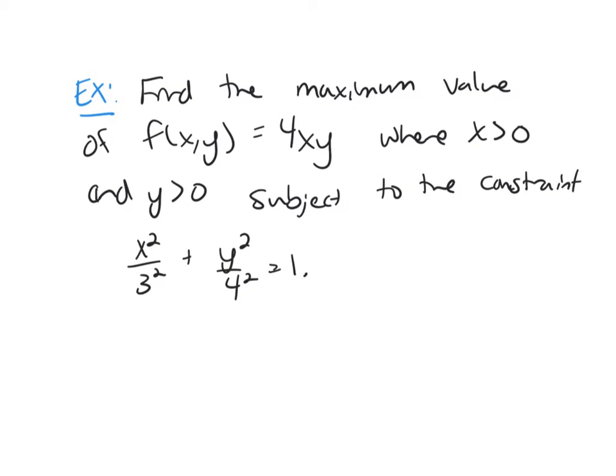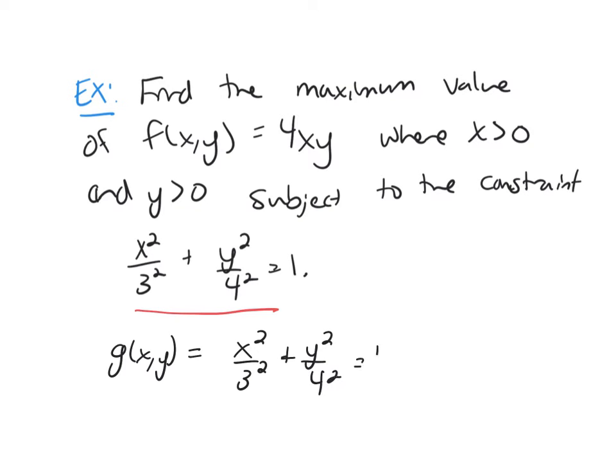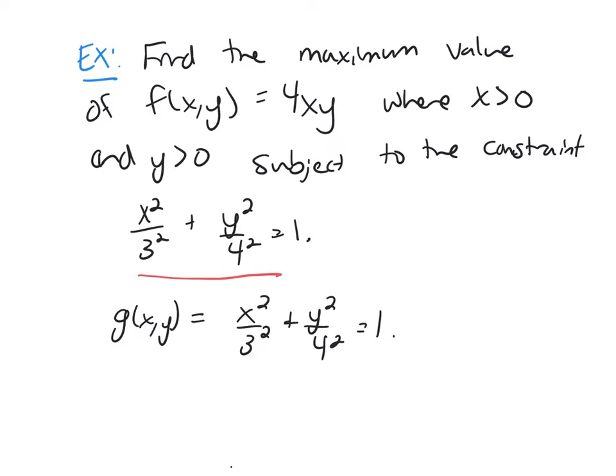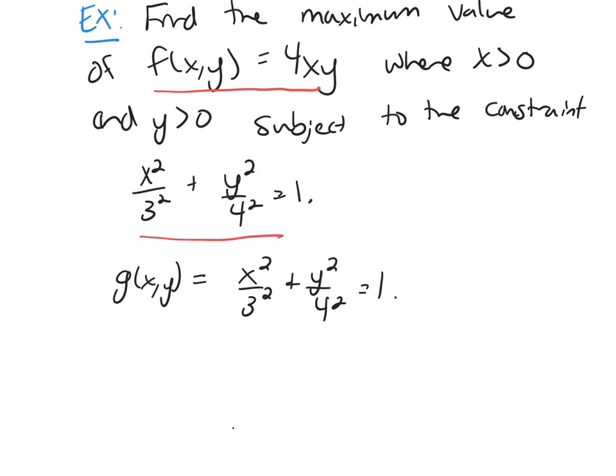So the first thing we're going to notice is that this is our constraint equation. It's equal to a constant, so we can identify that as our g function. And now I can take my function f, and I need the gradient of f.